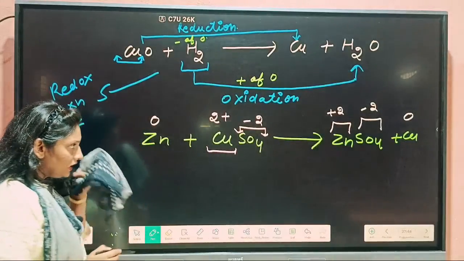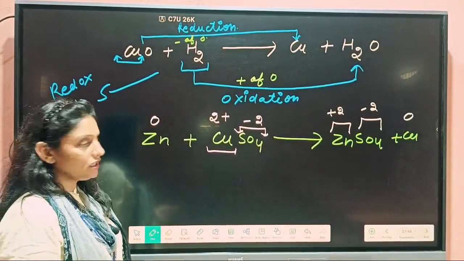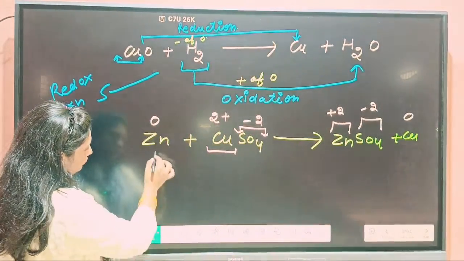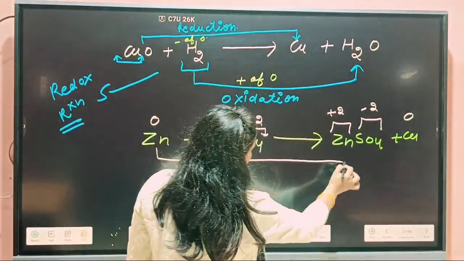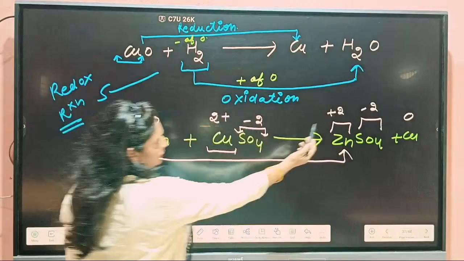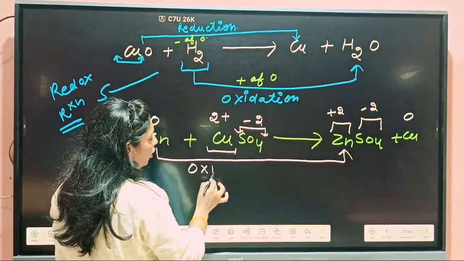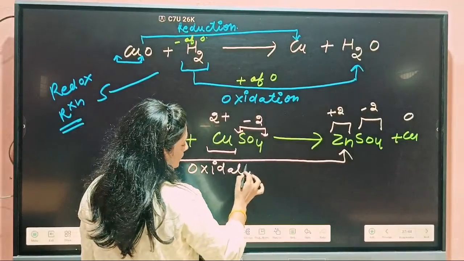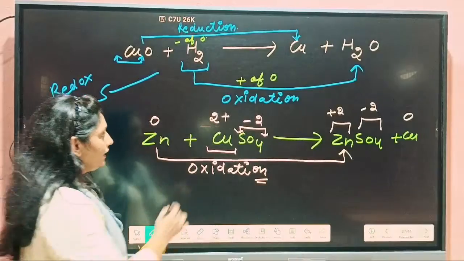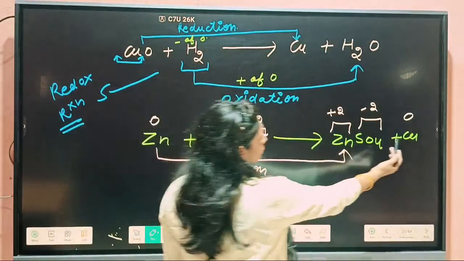So you can see we have discussed about increase in oxidation state. So here this zinc is converting from 0 to +2 state. So here this number is increasing. If this number is increasing, means oxidation is taking place here. And here this copper is converting from +2 to 0.